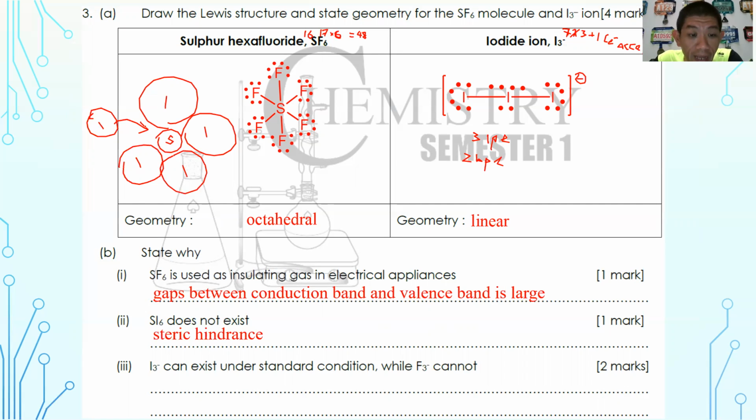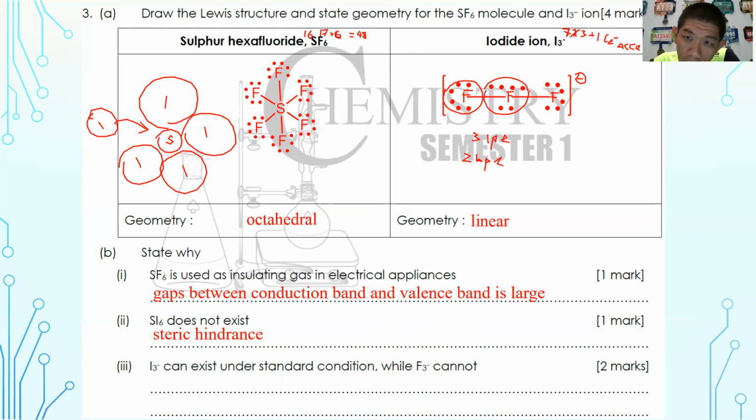Number 3. I3 minus can exist under standard conditions, but F3 minus cannot. 2 marks in here. Can you imagine if now I change the I to become F? Fluorine is among the smallest atoms in group 17.